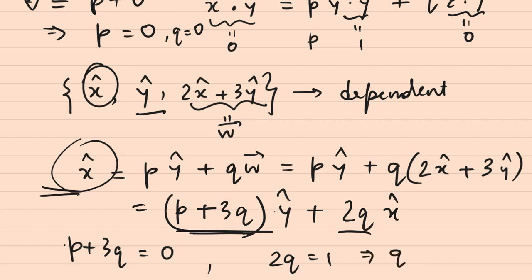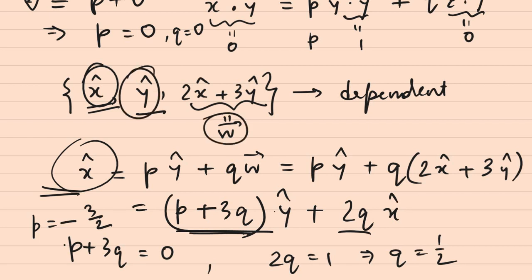So q is going to be 1/2, and consequently p is going to be negative 3/2. Do you notice we can express x hat as a linear combination of y hat and w because x hat is dependent on them.